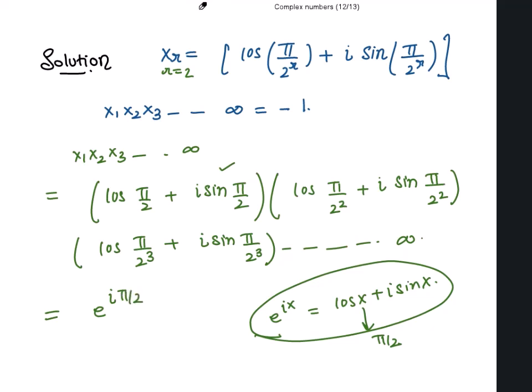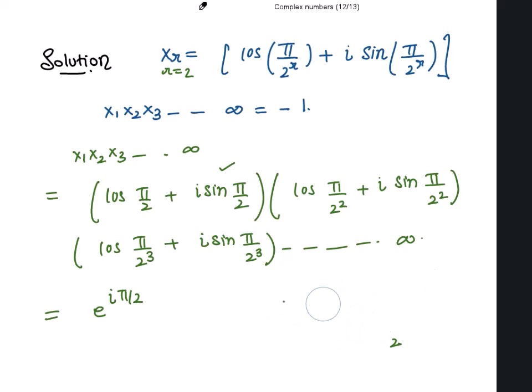Yes. For the second bracket, x becomes pi by 2 square. So it is multiplied with e the power iota pi by 2 square. And then for the third bracket, it becomes e the power iota pi by 2 cube, and so on up to infinity.